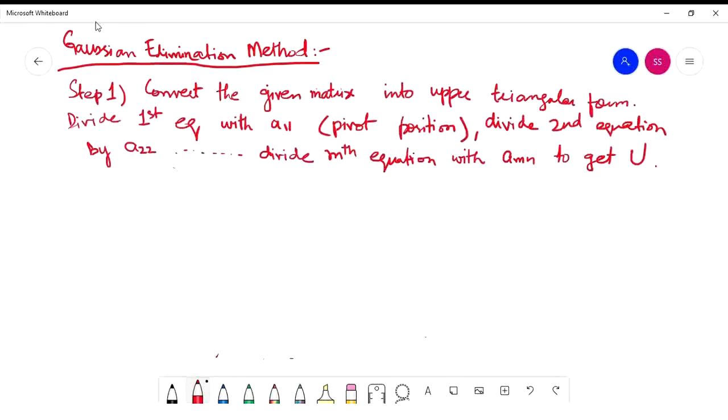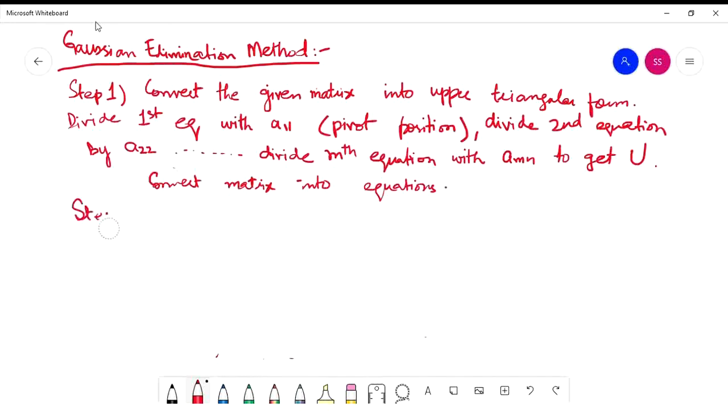Now convert the matrix back into the equations, as given in the equation.